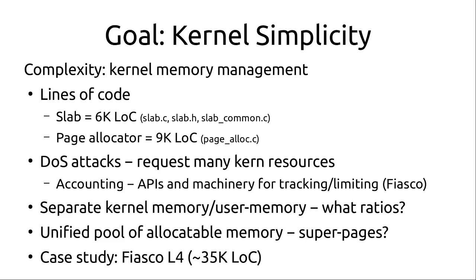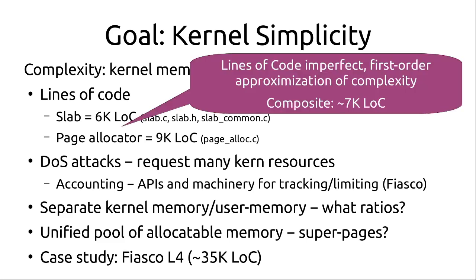That's a lot of code, 15,000 lines of code, right? Lines of code are, of course, an imperfect approximation of complexity, but they're a decent first-order approximation of complexity. Not perfect, but you use it as an input into your judgment of complexity. And I just want to put this into perspective, right? The Composite kernel is around 7,000 lines of code.